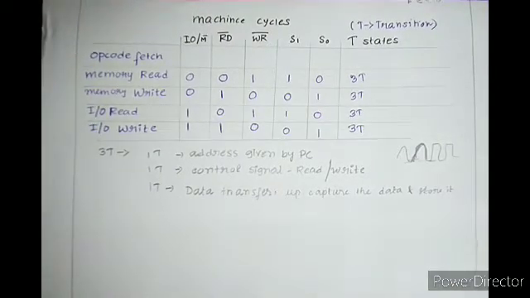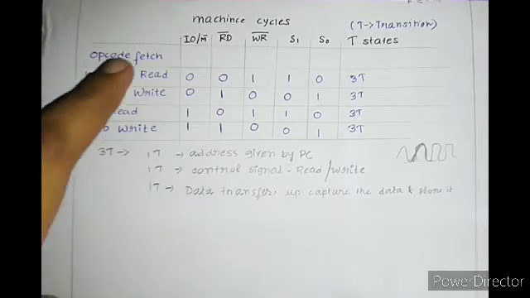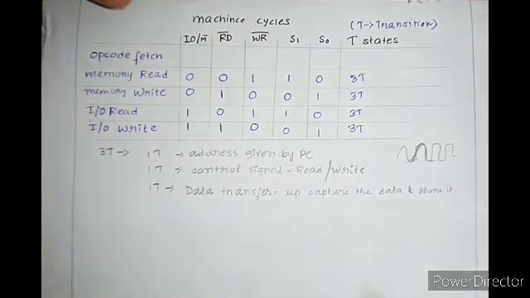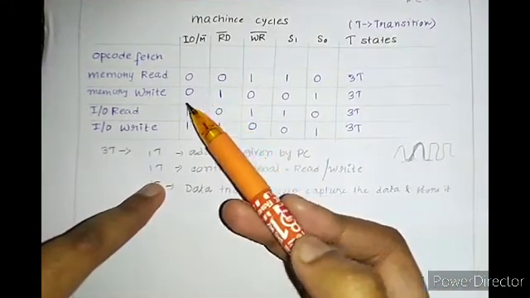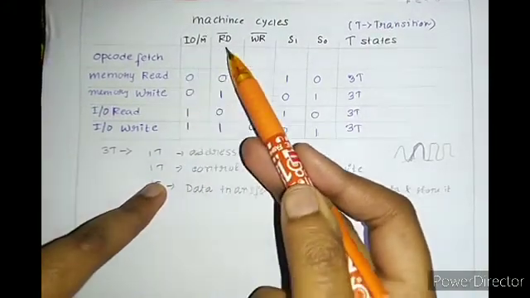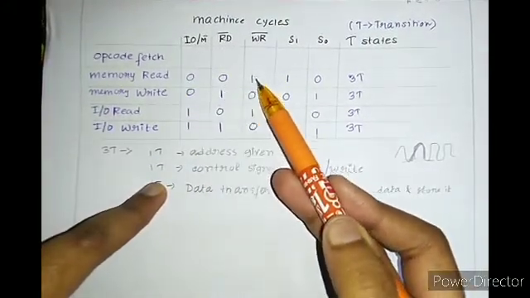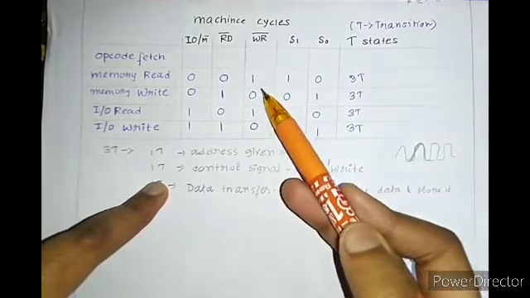Now, as you can see, the opcode fetch one, I will discuss it later. First, let me cover these four. Let's start with the easy one, memory read. Memory read is a memory operation, so IO/M bar goes to 0, as it's active low. It's a read operation, active low, so 0. Is it a write operation? No, but active low, this is why this is 1.